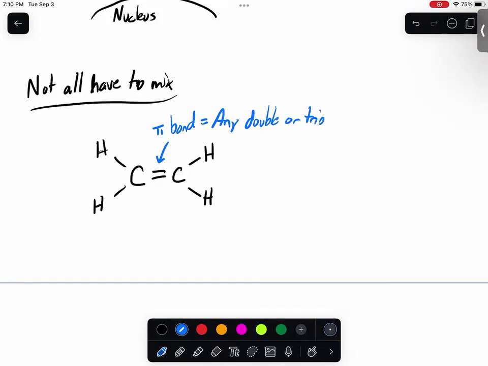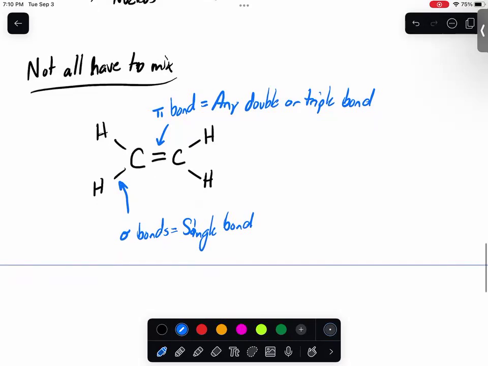Now, this is a little different from single bonds. These single bonds are what we call sigma bonds. So anytime you hear me talk about sigma or pi bonds, that is just me talking about single versus double bonds.